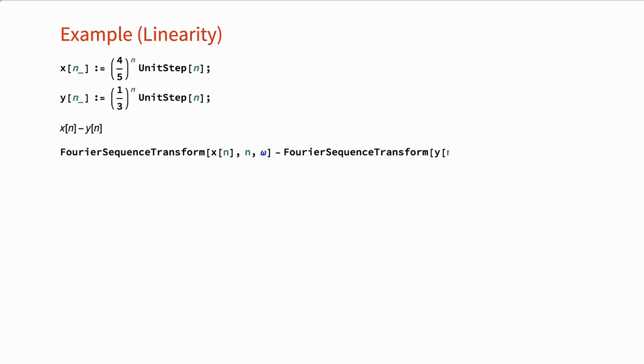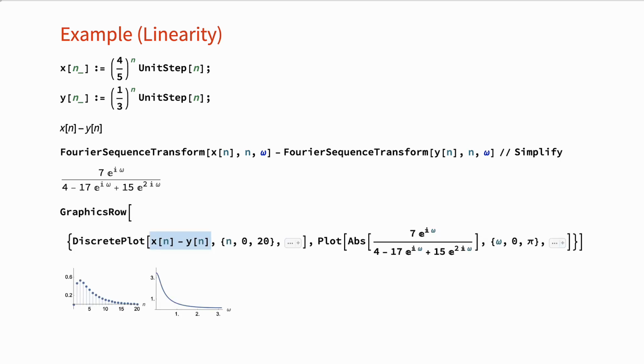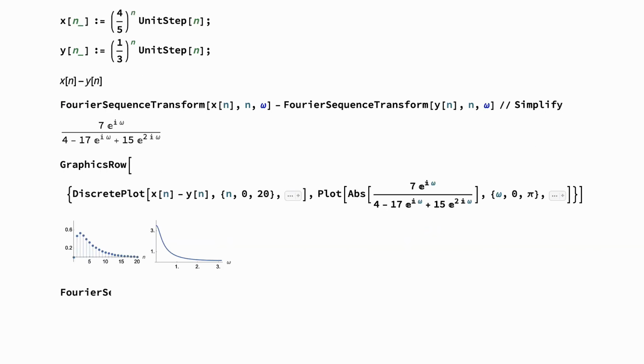So evaluating the difference of the two Fourier transforms using the Wolfram Language, we have the value shown here. Here we have a plot of the difference sequence in time and its Fourier transform in frequency. We can confirm this result by directly evaluating the Fourier transform of the difference sequence, as shown here.